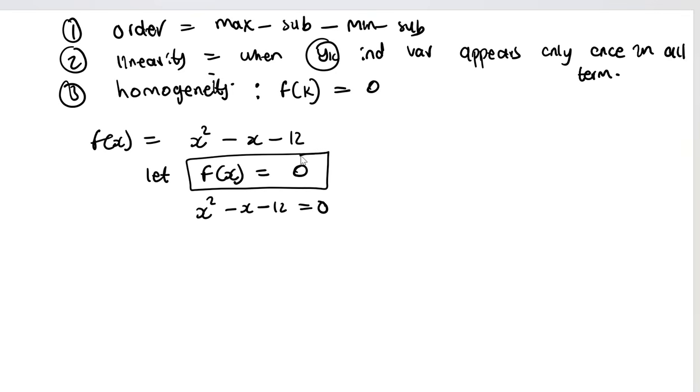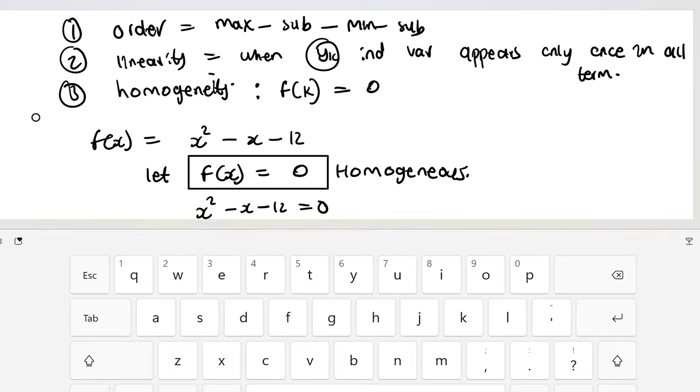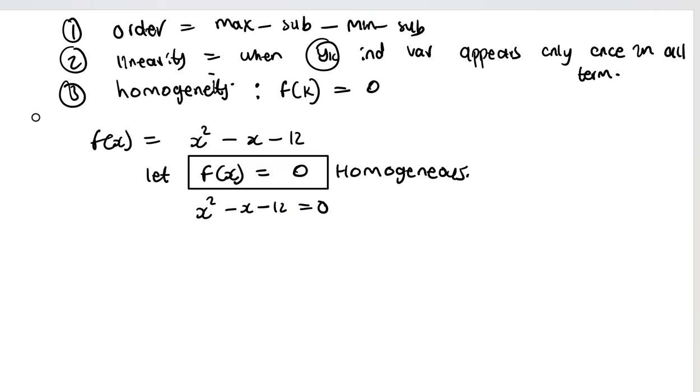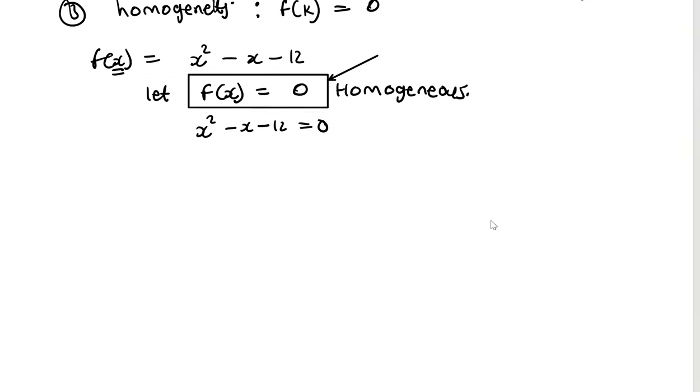If I have this, then I say my equation is homogeneous. So when you're solving the roots of this equation, you solve the homogeneous part of the equation. Basically, you equate your function of the independent variable to 0, and you get the homogeneous equation.